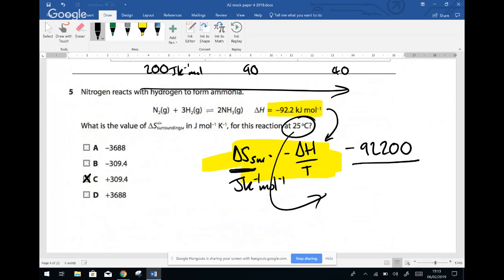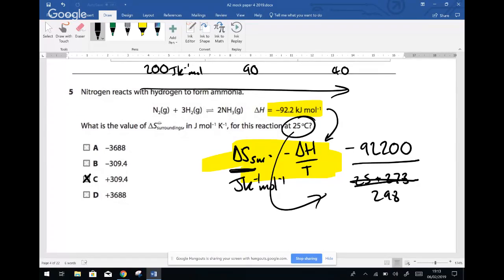We know it's joules per Kelvin per mole, so 25 plus 273 gives me 298. So that divided by 298, this is where my phone comes out. By the way, never, ever use your phones as calculators. They are such garbage. It's always worthwhile making sure. So, let's run that through.